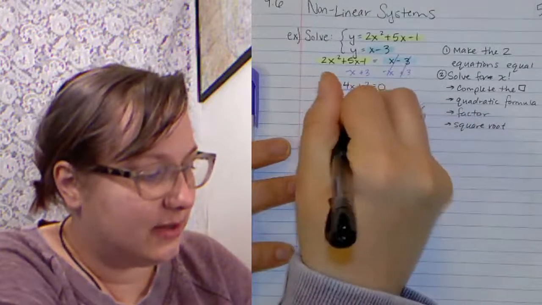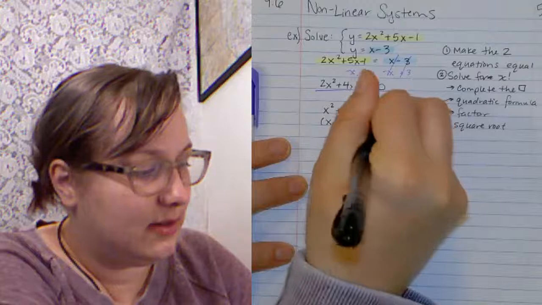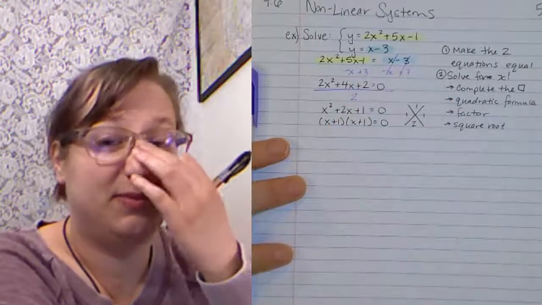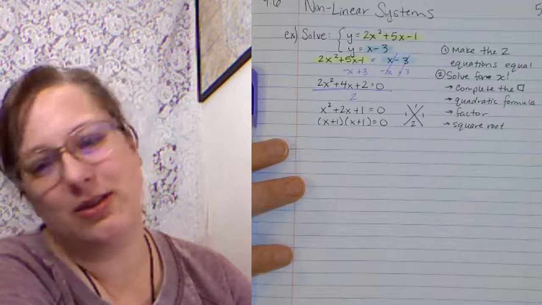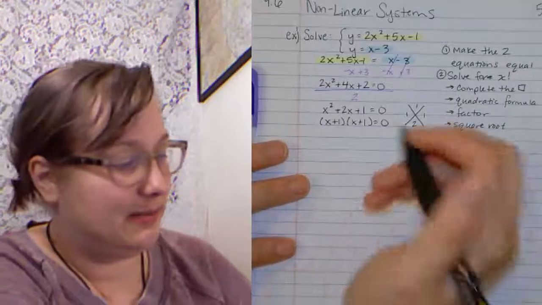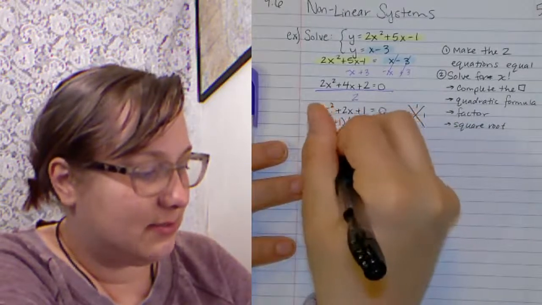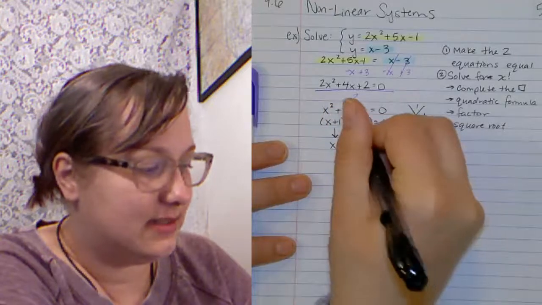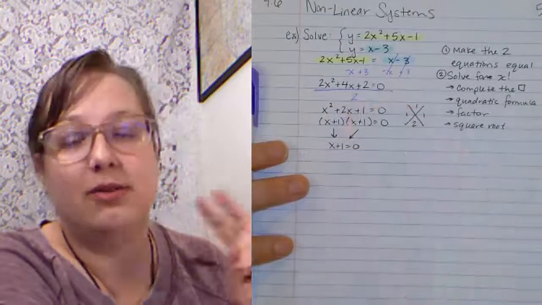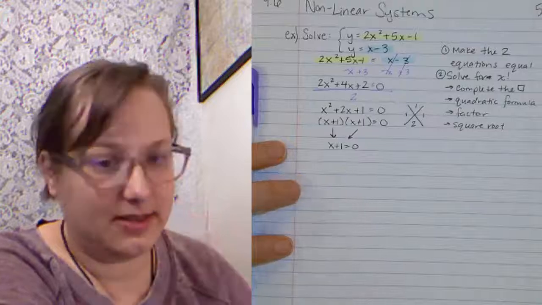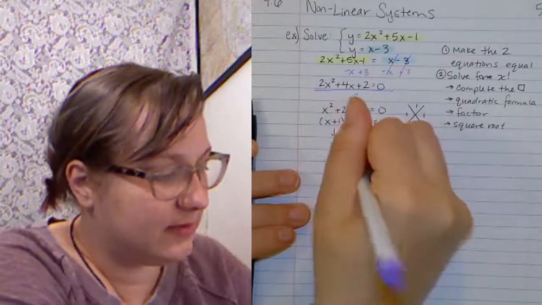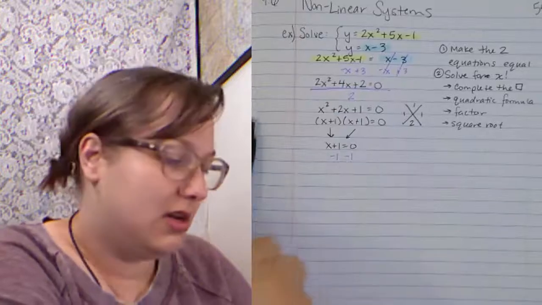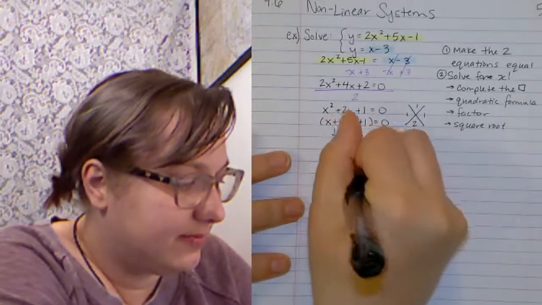So it's really x plus 1, x plus 1 equals 0. Because they're the same number, I only need to solve it one time. So I have x plus 1 equals 0. If they were different, I would solve them separately. And then I subtract 1, because that's the zero product property. x equals negative 1.